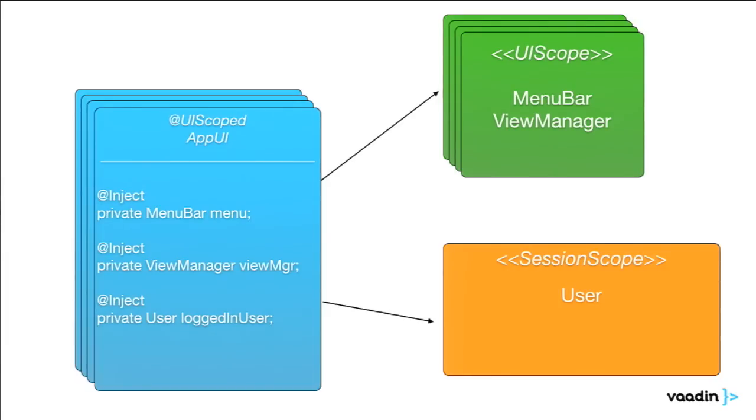What you can see here is that the session scoped user didn't get any more boxes around it, meaning that the same instance of the user would be shared between all the app UI instances. And for example, considering the application scope, if you had multiple users using the app at the same time, which of course had their own HTTP sessions, the application scoped bean would still remain as a singleton for that application.